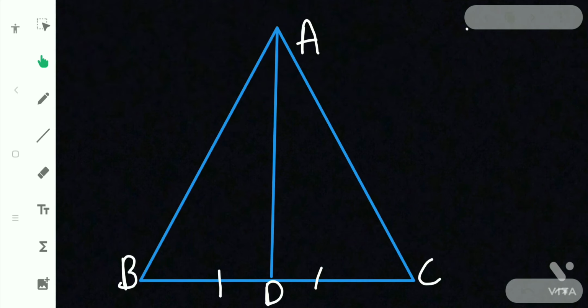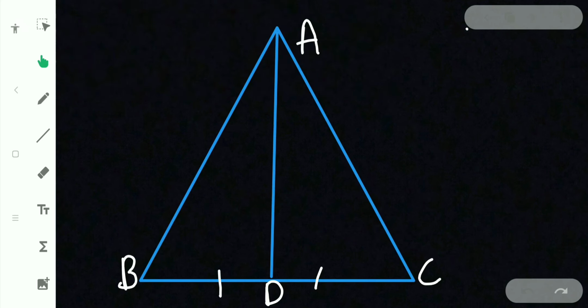Now a line through B and E meets AC at point F. Before that they said E is midpoint of AD, so let us write that here.